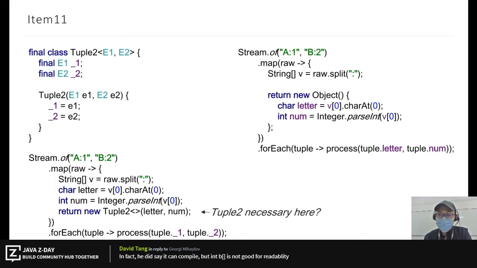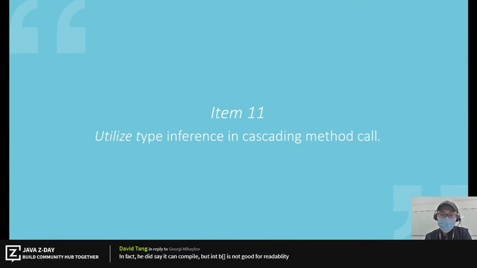We can call the letter field and the number field of this newly created object. Sometimes it can be handy. Item 11, utilize type inference in cascading method call.